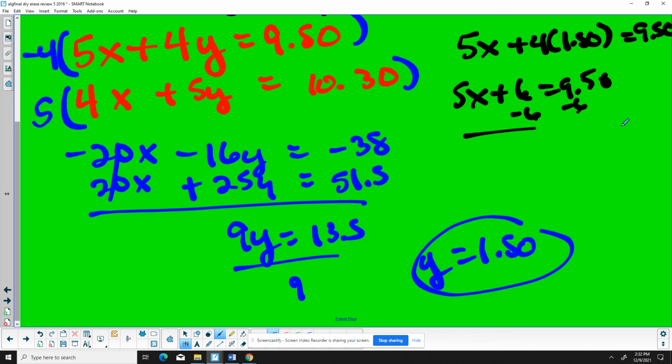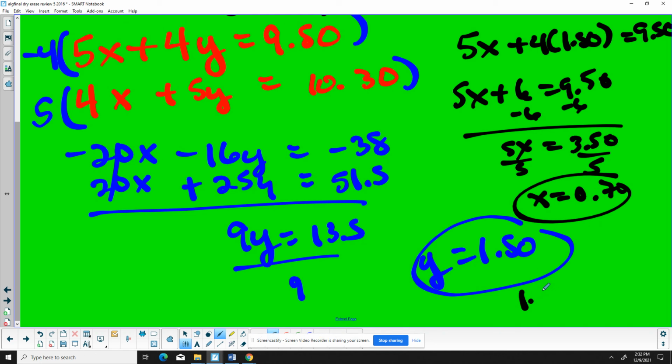So if I subtract 6, that's $3.50. And if I divide by 5, it's 0.7. So juice is 70 cents. So if I add them together, $1.50 plus 0.70, $2.20 is the total price for one of each.